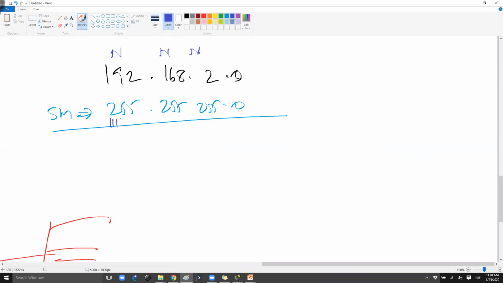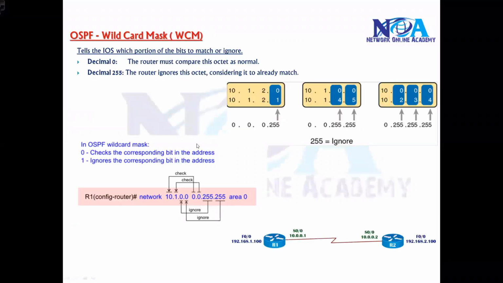So wherever there is one, that is network, right? Binary ones, of course, decimal it will be 255, and wherever there is zero, that is your host portion. So the subnet mask will tell how many network portions and how many host portions we have, but the wildcard mask is a little bit different. So the wildcard mask is written in terms of reverse.